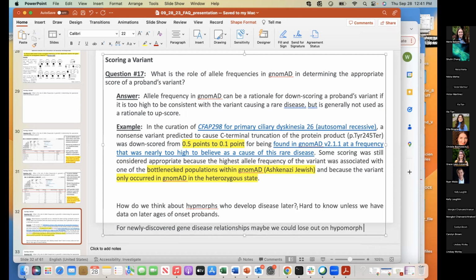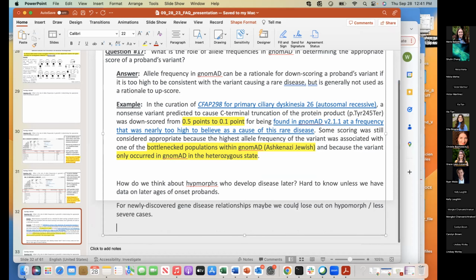At least we have to score right now. We'll do a recuration some time later. And even with a definitive gene-disease relationship, we cannot say we'll never rescore it. If there are new assertions for that gene for a different disease entity, we'd have to reevaluate it with lumping and splitting, right? So anything could be open to being recurated.